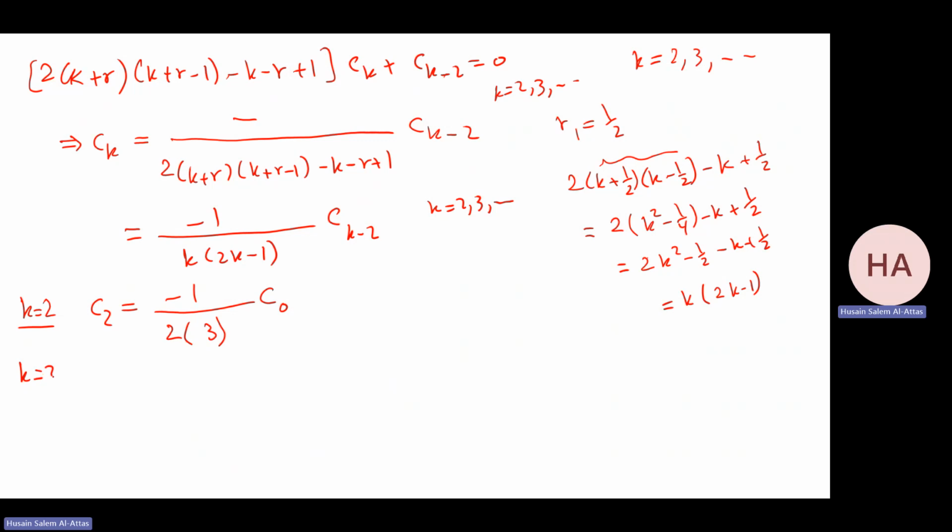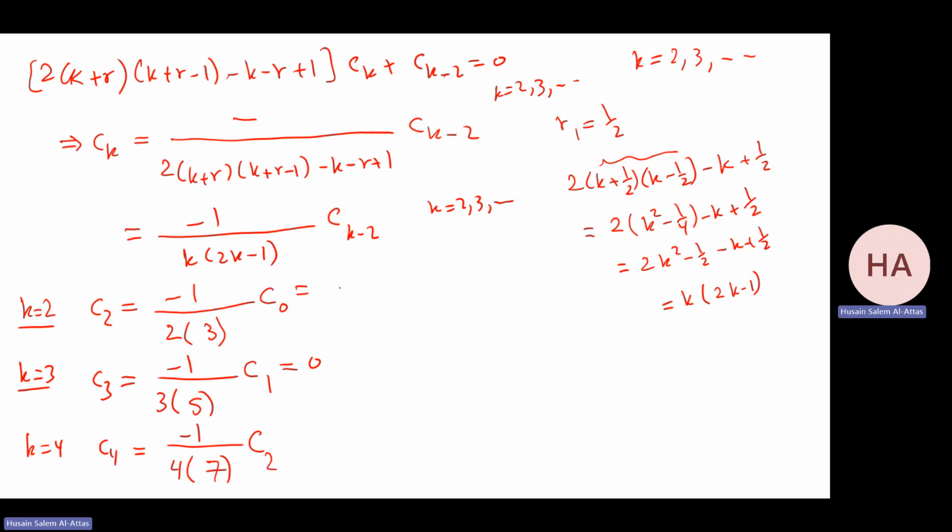K equal 3: I'm getting C3 equal minus 1 over 3 times 5, 2 times 3 is 6, minus 1, times C1, which is 0, gone. K equal 4: I have C4 equal minus 1 over 4 times 7, 2 times 4 is 8 minus 1, times C2. By the way, C2 is minus 1 over 6 C0.